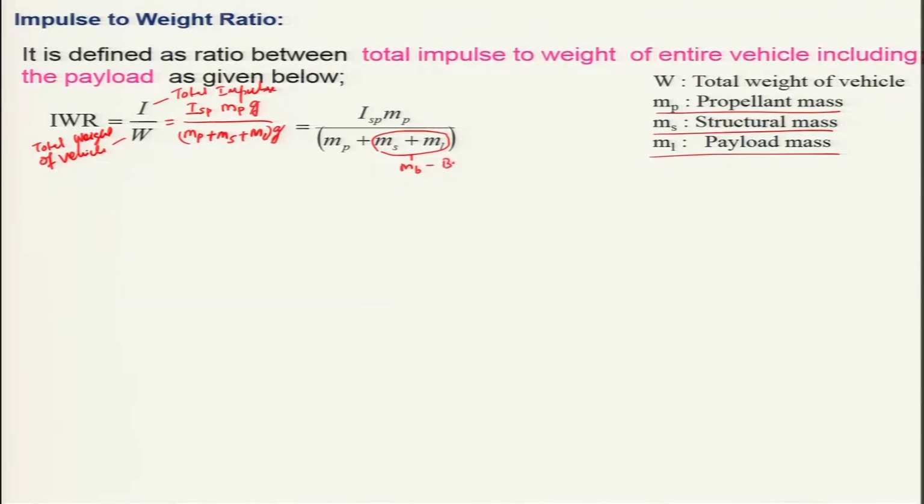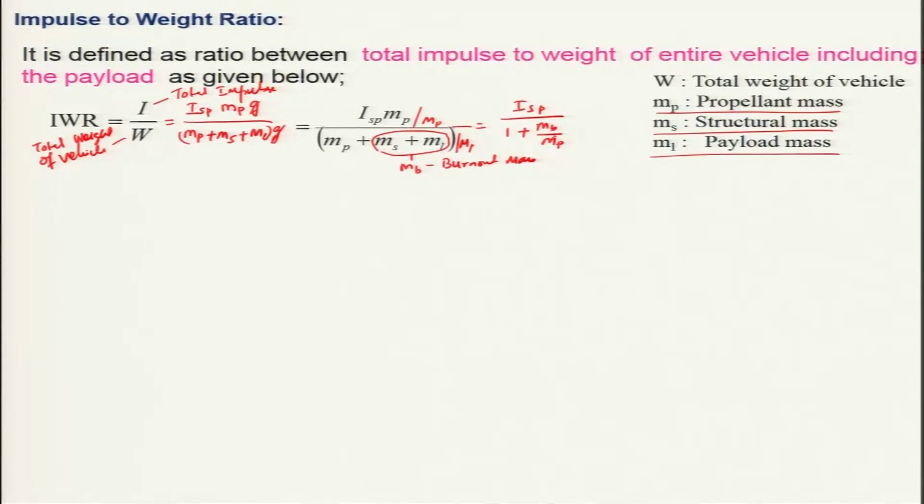This is burn out mass. And if I divide this by MP, here and here, I will get Isp divided by 1 plus MB by MP.